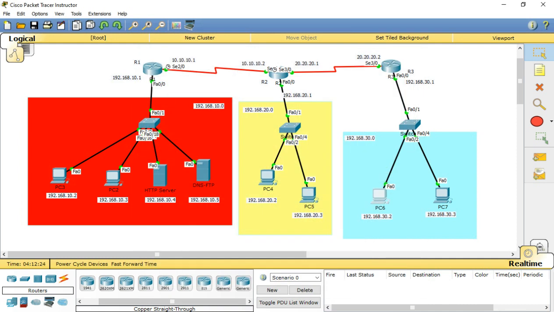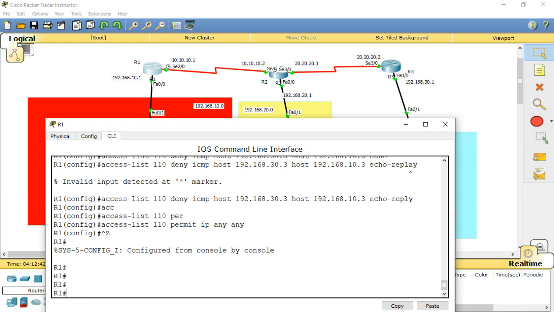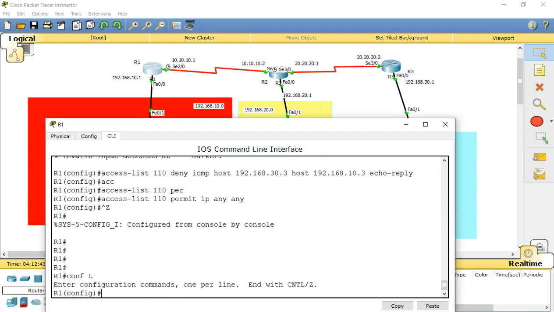Okay, so let's apply the configuration, the access list. We will apply it to the interface fast Ethernet 0/0. We will not allow this computer to go out with any of the criteria that belong to the access list. So let's do it. We go to interface fast Ethernet 0/0.